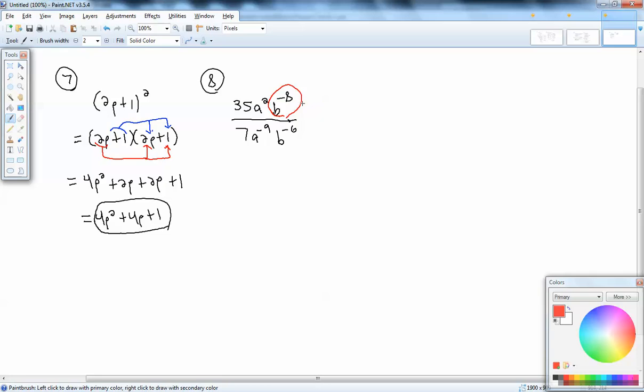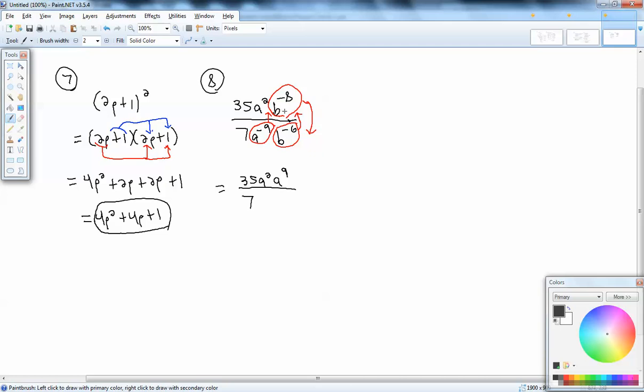For example, this b to the negative 8, I'm going to take down to the denominator. This b to the negative 6, I'm going to take up on top, the numerator. And this a to the negative 9, I'm going to take up on top. Okay, so I got 35 a squared, and we took the a to the negative 9 up on top. When you move something opposite of where it's at in a fraction, the sign of the exponent changes. So it becomes a to the positive 9.